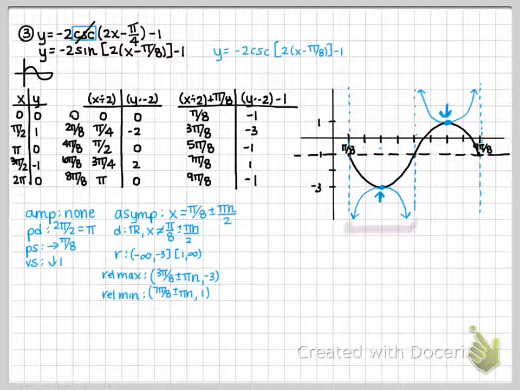All right, even, odd, neither. Well, if we take a look at this, I'd probably have to repeat my graph back a little bit. So let's see, I've got 1, 2, 3, 4 spots in between my asymptotes.